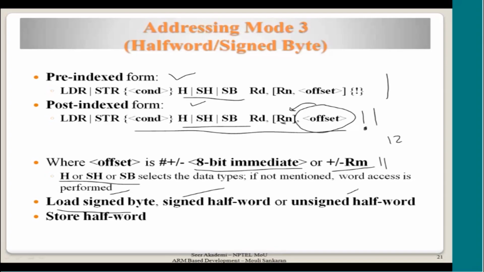Only in loading you will be doing this, but in storing you will be doing a half word. When you are storing, only half word storing is done, and if you are storing a byte, you would have used a STRB instruction. So you will not be using this instruction for a store byte, because I told you store byte doesn't have signed or unsigned. It is only unsigned when you are storing it into the memory.